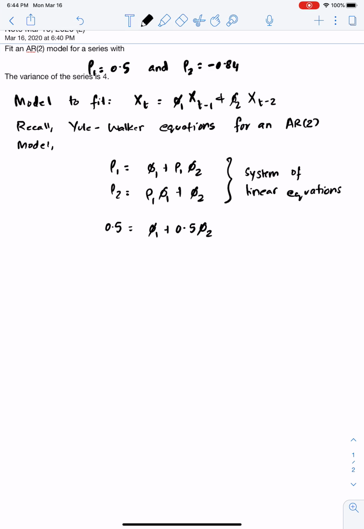I'm plugging in the values of rho 1 and rho 2, and I am going to change the autocorrelation over here to negative 0.38, or else the series is not stationary. So negative 0.38 would equal 0.5 phi1 plus phi2.